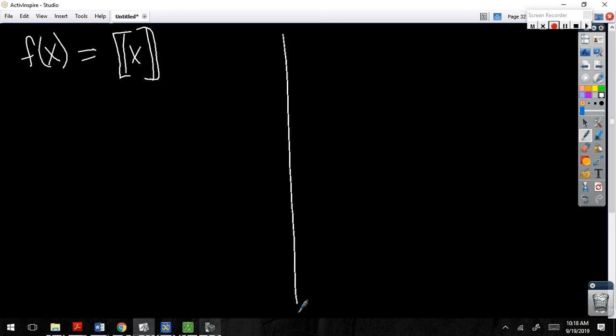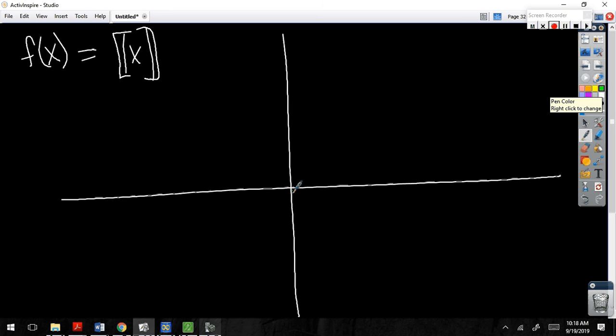If I graph this step function, I'm going to put a few pieces up here.